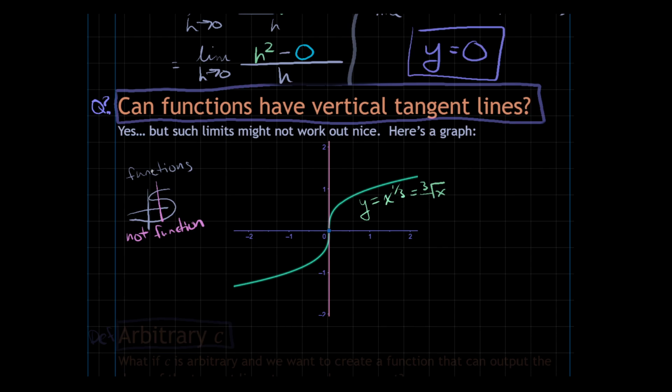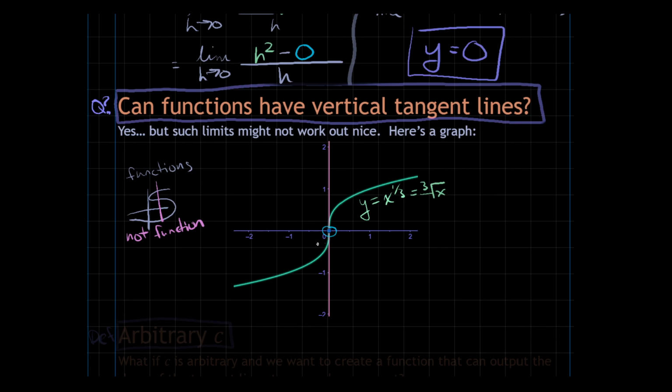Vertical lines that touch a graph more than once show that graph is not a function. That's not what's happening here, though. This vertical line is only actually intersecting that graph at this one and only point.